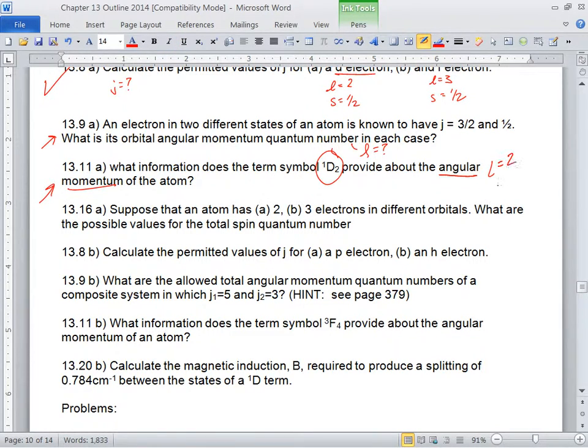Is that what we're saying? And you could say the orbital angular momentum would be that value. That's how long you draw the arrow. It's pretty much all you can tell. It's all the information we can give.